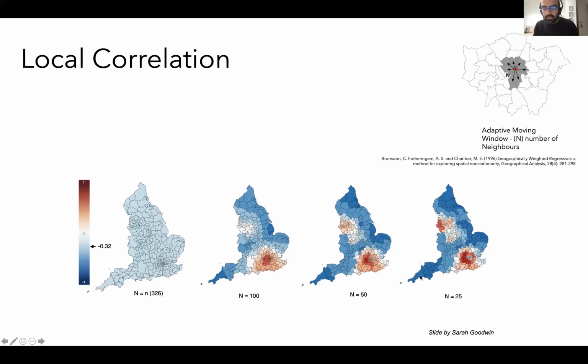In Southwest England, you see that's quite different. That becomes even more negative. So the more local you look, the more variation it reveals. This -0.32 is not global at all. Actually, if you look at the map, you might not be seeing -0.32 at all. But that's the thing about aggregations.